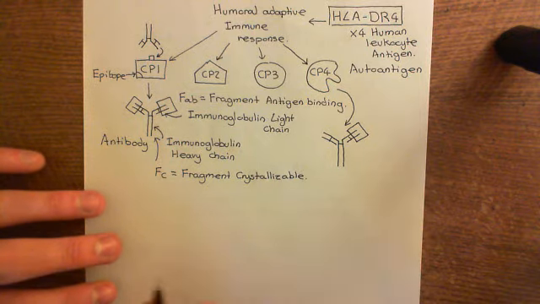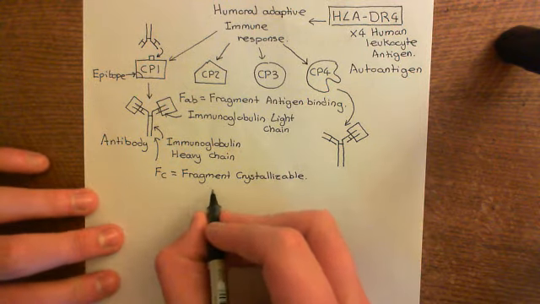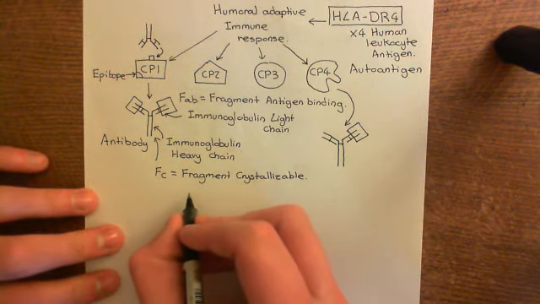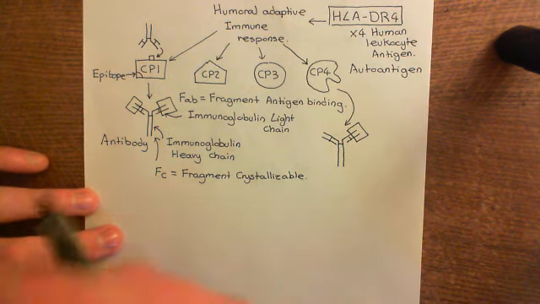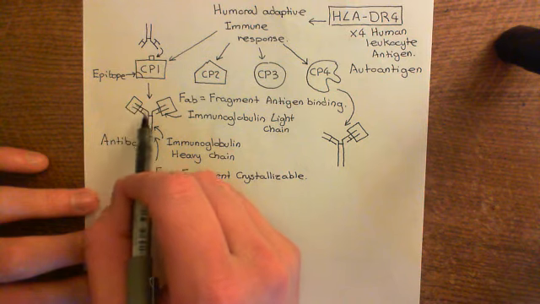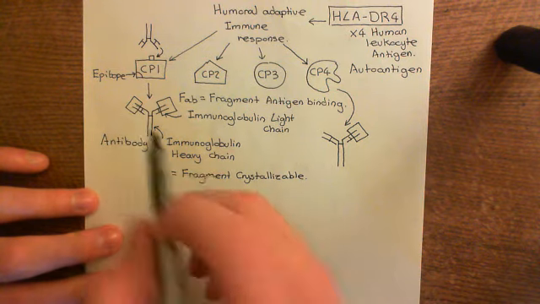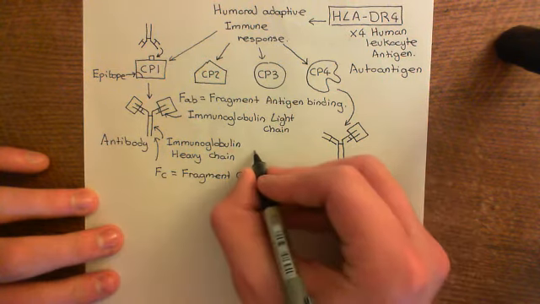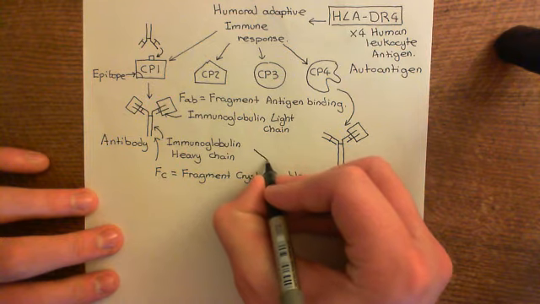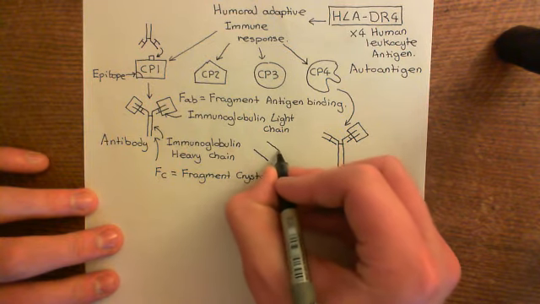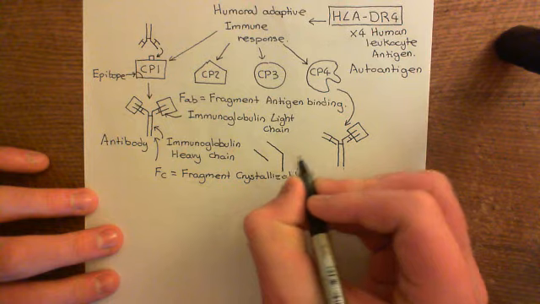Specifically, there are 9 different FC regions that you can use. Okay, so how do you produce these different FC regions? Well, let me just discuss the structure of the immunoglobulin light chains and the immunoglobulin heavy chains.